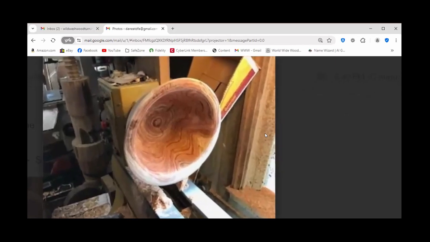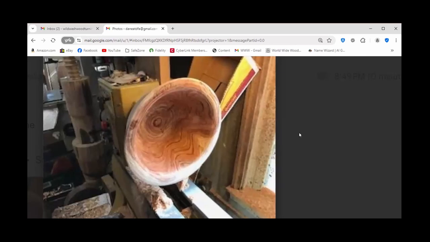So you've got the bowl on the lathe. I only brought one picture up, but there are 2 pictures. Those 2 pictures are educational. I can only show one at a time.